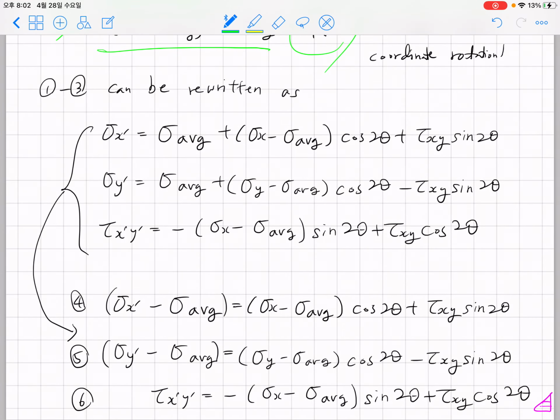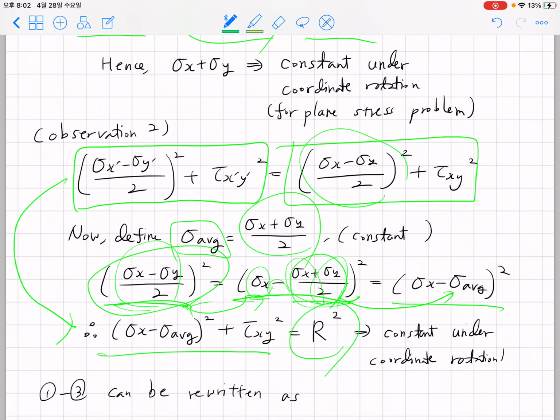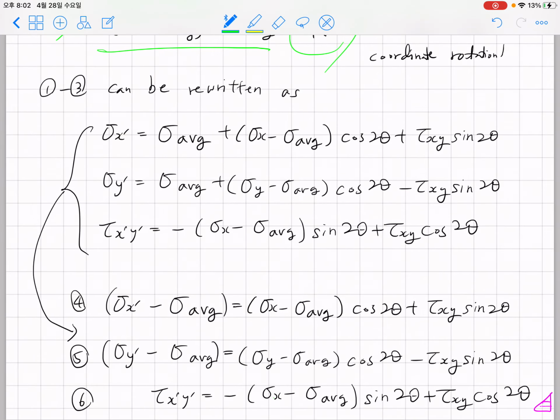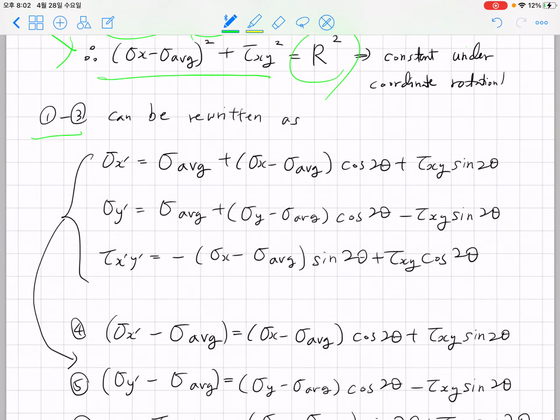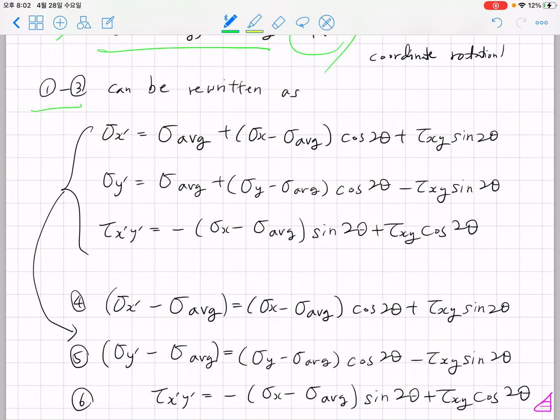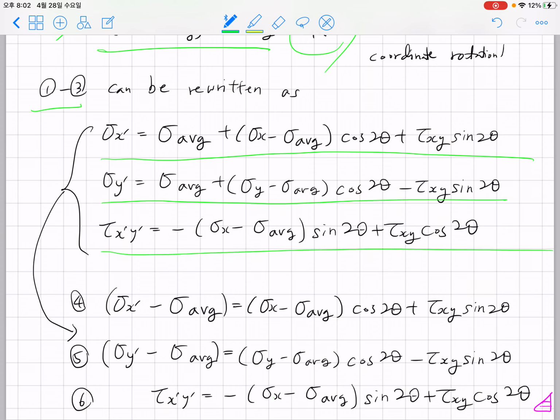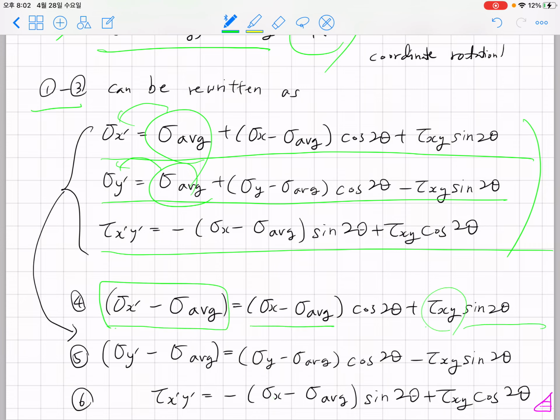After finding these conserved quantities, we can rewrite equations 1 to 3 on the previous page using sigma average and r. Then you can write sigma x prime, sigma y prime, and tau x prime y prime in a simplified way. After moving this term to the left hand side, you have something times cosine 2 theta, something times sine 2 theta.